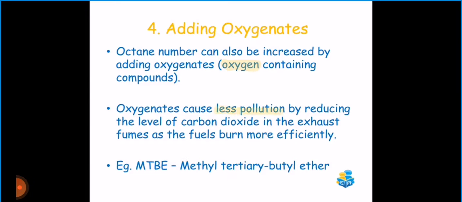Oxygenates can cause less pollution by reducing the level of carbon dioxide in exhaust fumes, as it causes the fuels to burn more efficiently. And examples of oxygen-containing compounds are methanol, ethanol, or MTBE, which is methyl tertiary butyl ether.